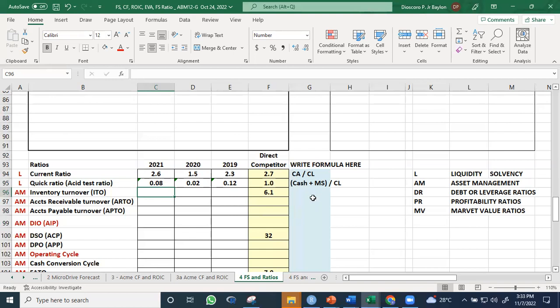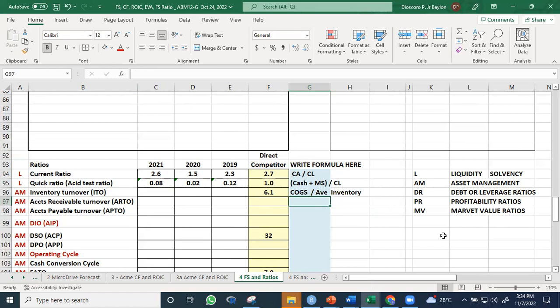Okay? Inventory turnover. So what's being turned over should be placed as a denominator. Okay, so we know, class, that the divisor here is inventory. And in fact, it should be not only inventory but average inventory. And I'll explain why. Okay, so ano yung kapartner nito? The numerator will be cost of goods sold.